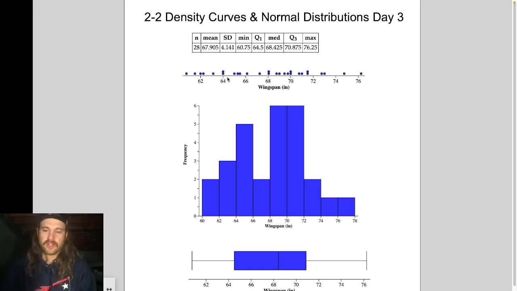Technically, what is this data from? This is from the students of Mr. Slagle's 4th period AP Statistics classroom. It's their wingspans. Now, I think if we were to really measure this and talk about what should be normal, we should not have mixed guys and girls in the same data set. We probably should have looked at them separately.